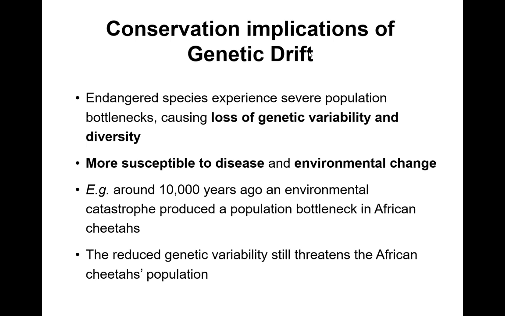For example, the cheetahs in Africa were greatly reduced by an environmental disaster 10,000 years ago. Even nowadays, 10,000 years later, they still have extremely reduced genetic variability, so they're still greatly susceptible to potential extinction. These effects are felt for a long term. So the bottleneck particularly is a very disastrous event in terms of potential extinction of a species.